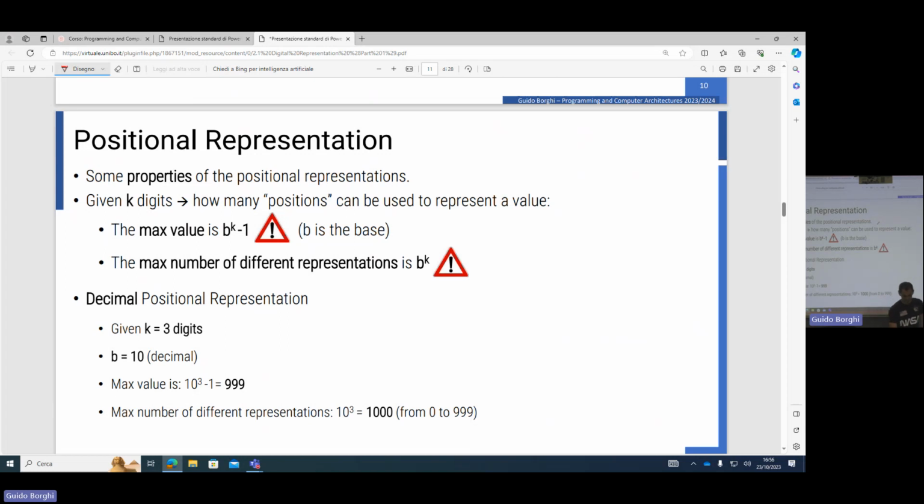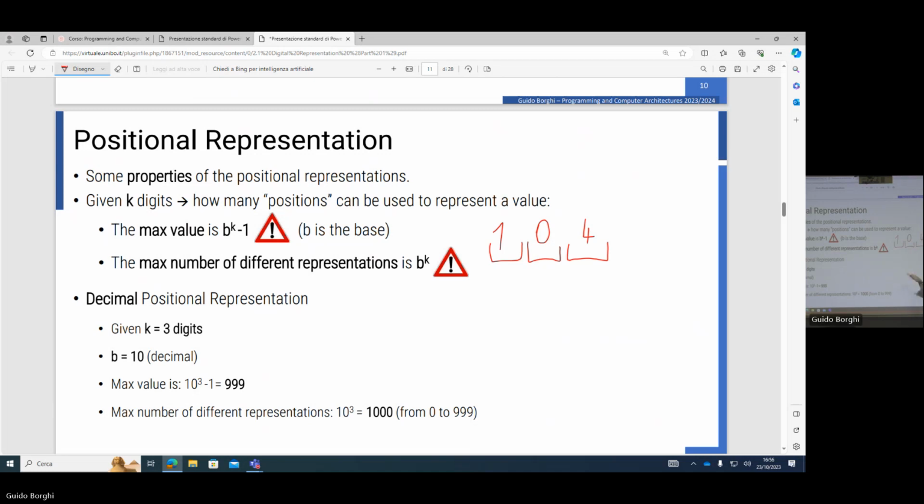We have 3 spaces, and in these 3 positions, we can put a symbol. For example, with the decimal positional representation, if I put the digits 104, I obtain the number 104.